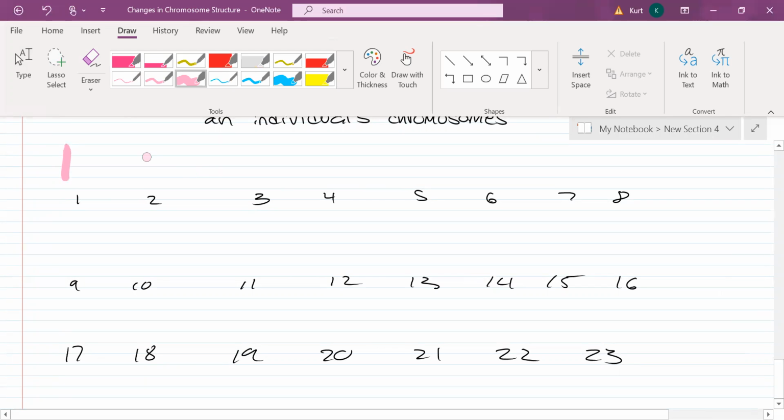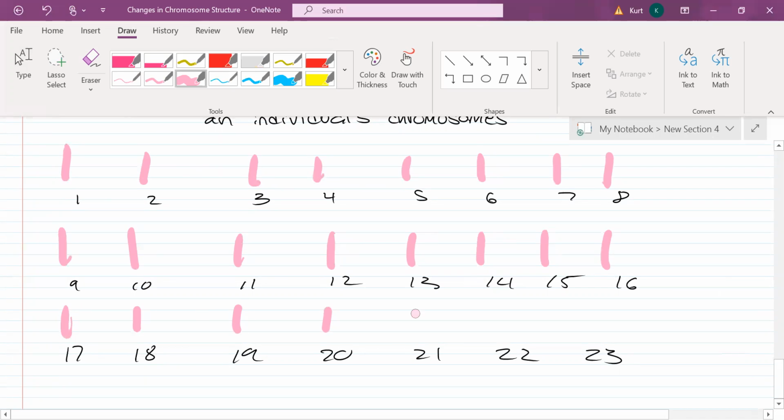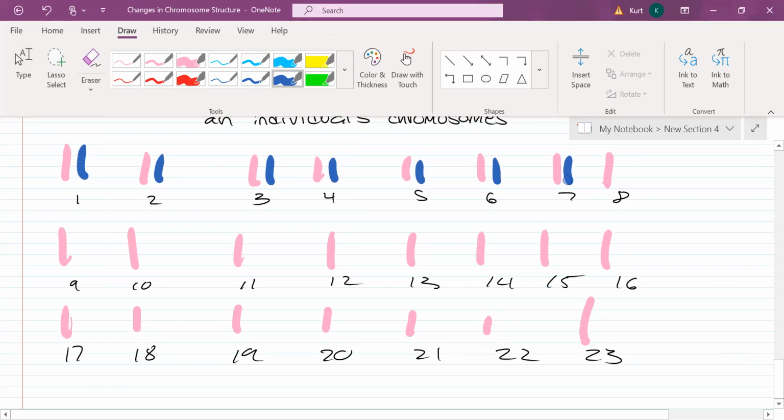So I'm going to put one chromosome from mom in each pair. How many chromosomes do we inherit from our fathers? 23. And what do you call it where the chromosomes pair up because they have the same size, traits, and banding patterns? Homologous.